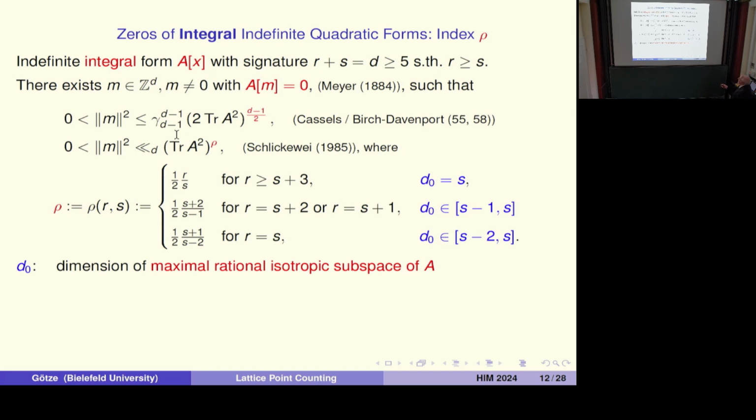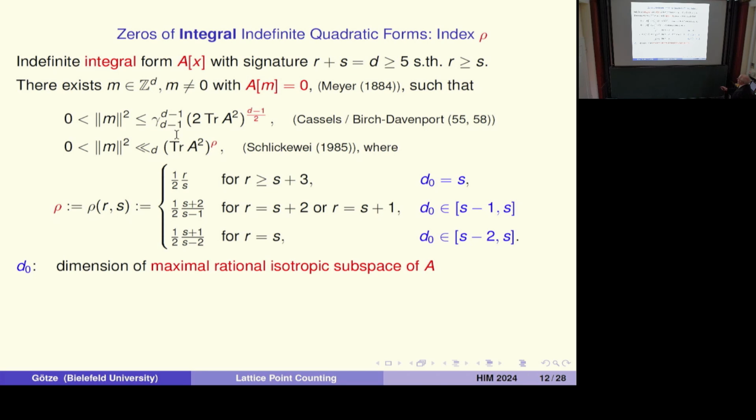And then people have bounded, Kessels and Birch Davenport, the smallest solution to this exact equation for general A, and Schlickewein in 1805 was then coming up with maybe the best bound, and the best bound really depends on the signature of this integer quadratic form.